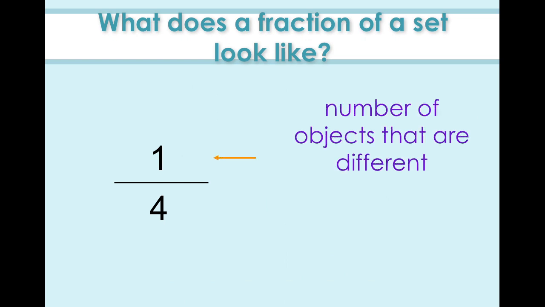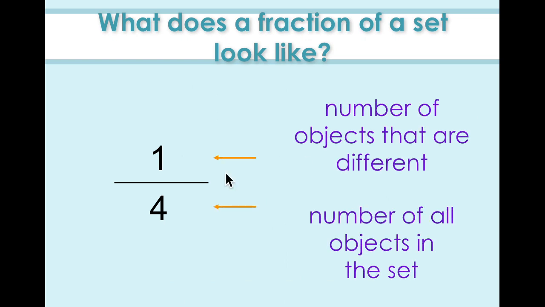When you're writing a fraction, you have to write two numbers in the fraction, one above the line and one below the line. Now, above the line, you will write the number of objects that are different. And below the line, you will write the number of all objects that you count in the set.